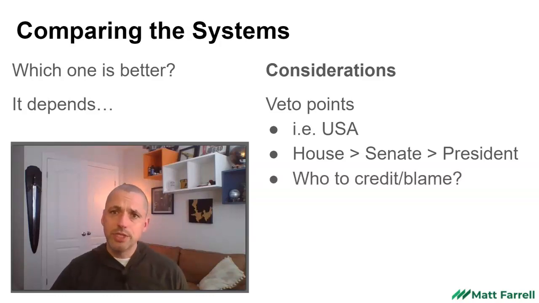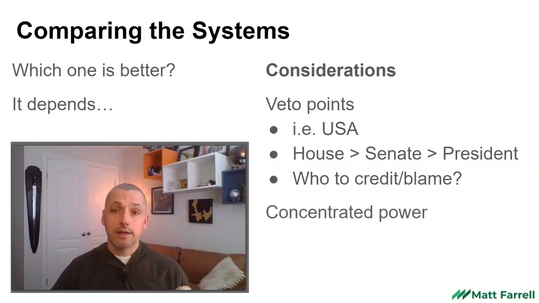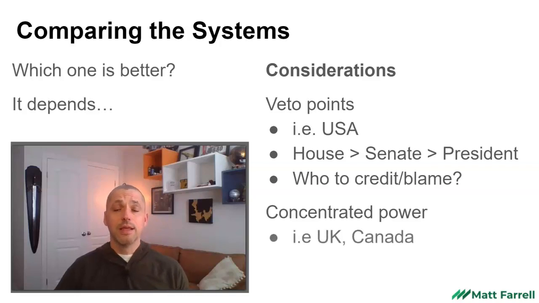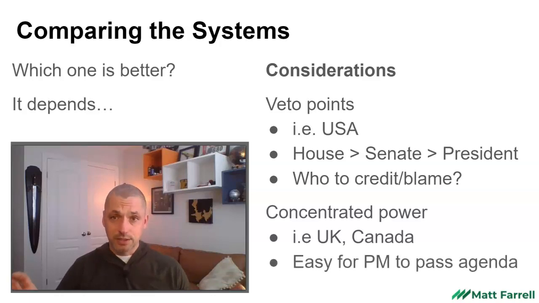In that system, who do you give credit for good things that happen? Who do you assign blame for bad things that happen? It's difficult because the power is so spread out into different places. It's really tough to assign responsibility. On the other hand, what about concentrated power, like in parliamentary systems? Is that good or bad? Well, in the United Kingdom and Canada, the Prime Minister has a lot of power to implement their agenda because of that fusion of powers.